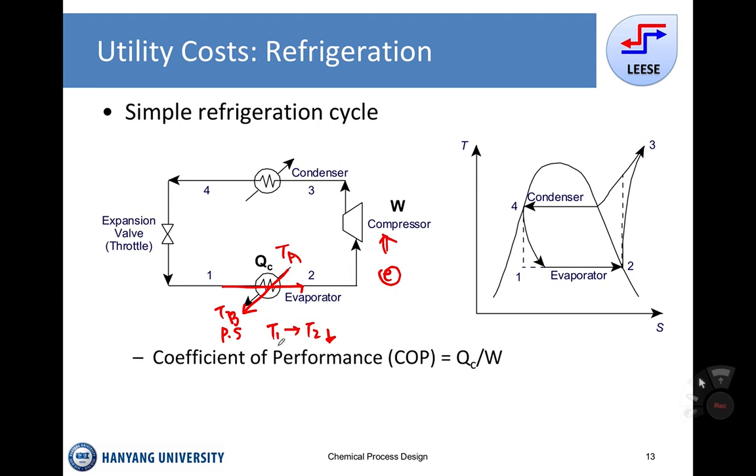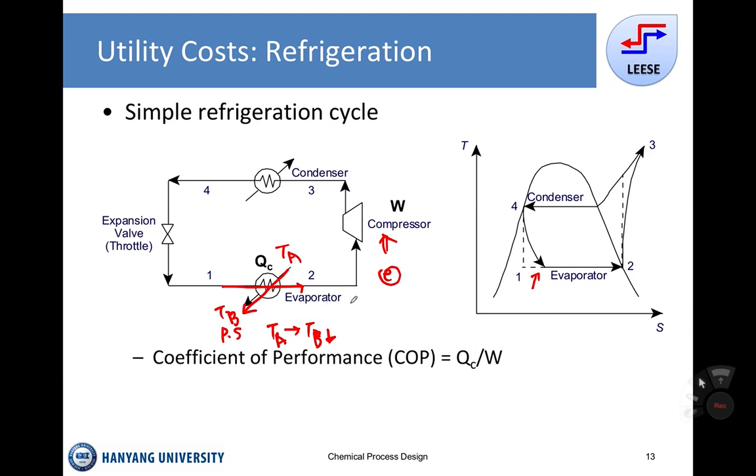So TA must be reduced to TB, okay? Then the temperatures at 1 and 2 are not going to be changed because it is typically done by the evaporation. But the condition is a mixture of the vapor and liquid turning to the vapor.